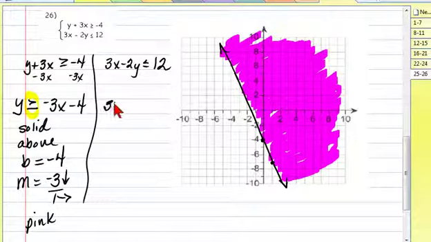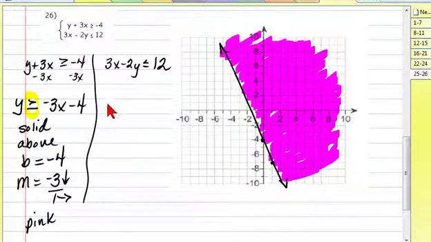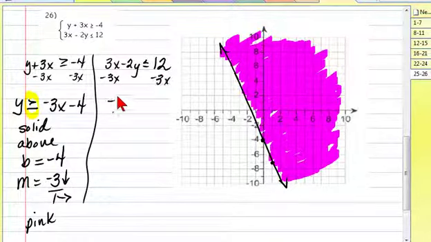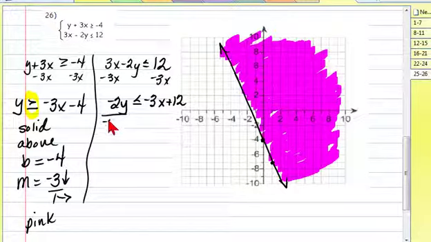I have 3x minus, I don't need to show that again. If I want y by itself, what's my first step going to be? Subtract 3x, and I'll have -2y, still less than or equal to -3x plus 12. Divide by -2.